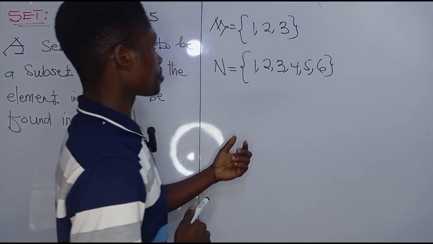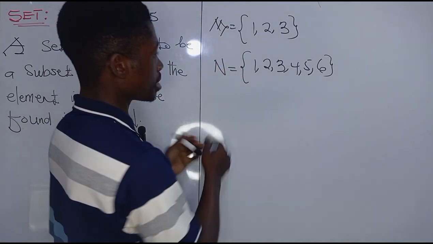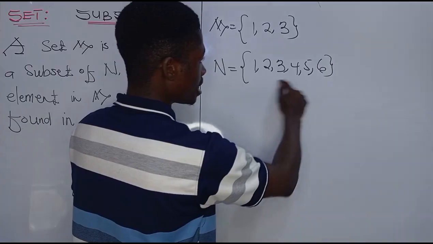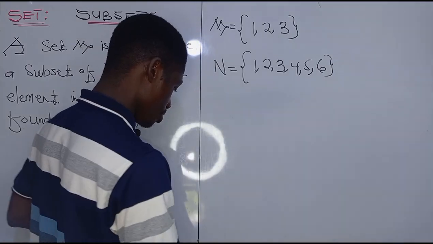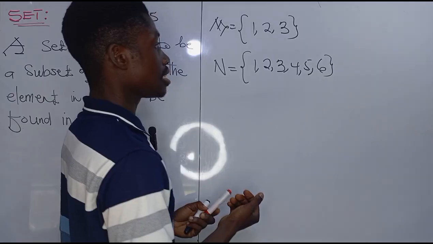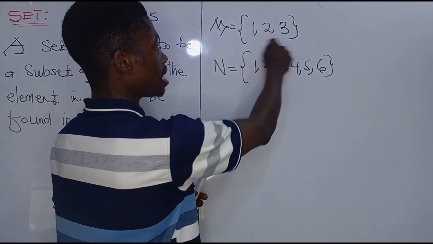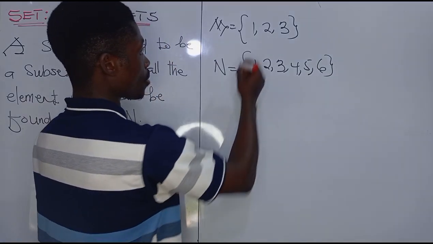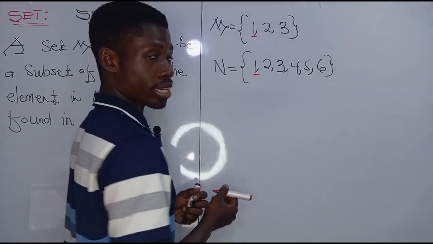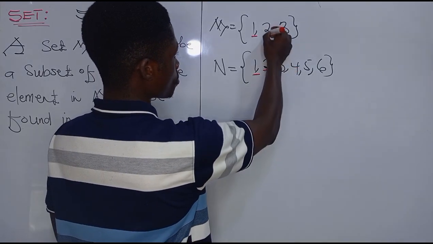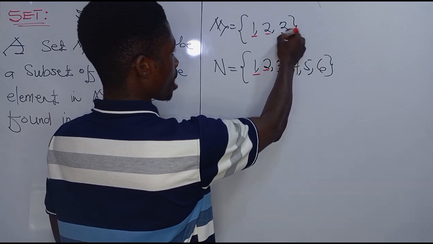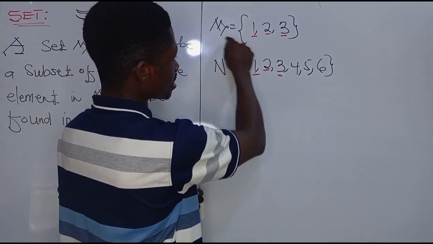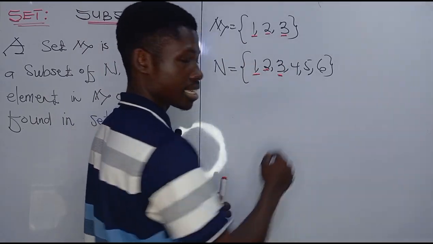We are saying that set M is a subset of set N if all the elements in set M can be found in set N. So we are going to take the elements one after the other and cross-check. You realize that 1 is also here, 2 is also here, 3 is also here. So it means that all the elements in set M can be found in set N.